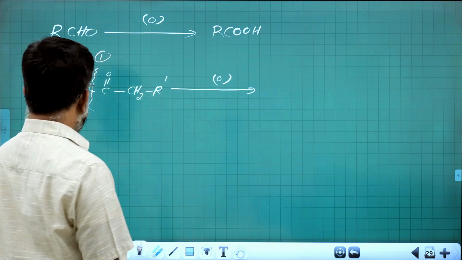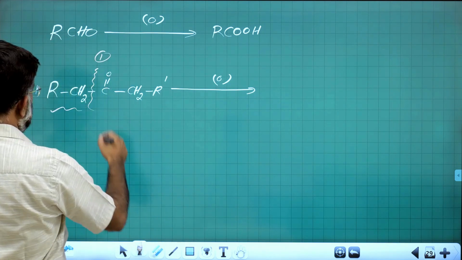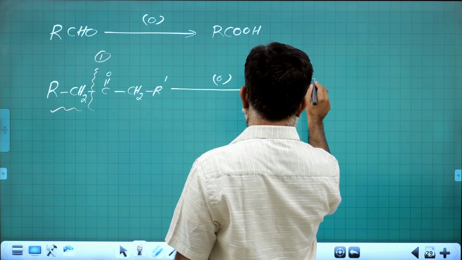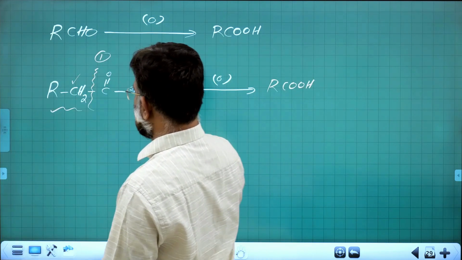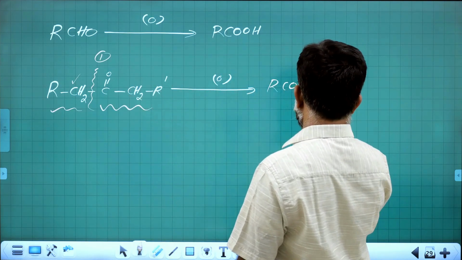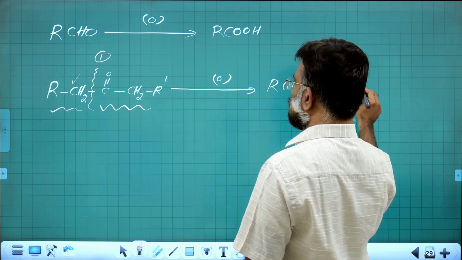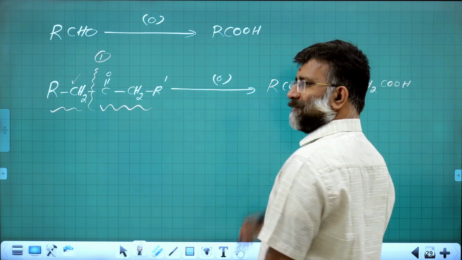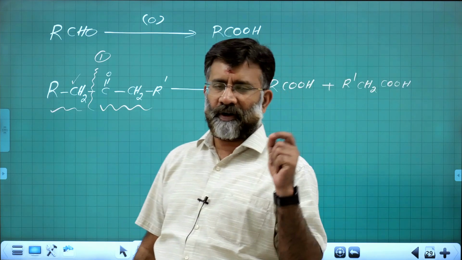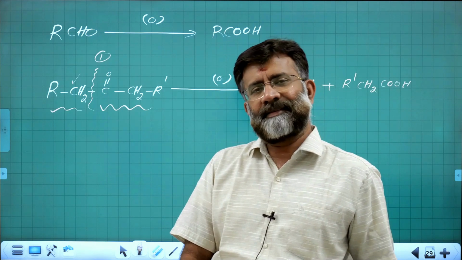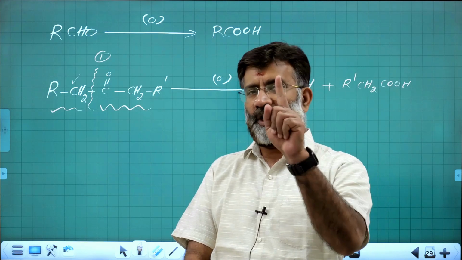The possible products are RCH2 will turn RCOOH, this carbon will turn carboxylic acid, and you get R'CH2COOH. So you may get two different carboxylic acids as a cleavage occurring at position 1.